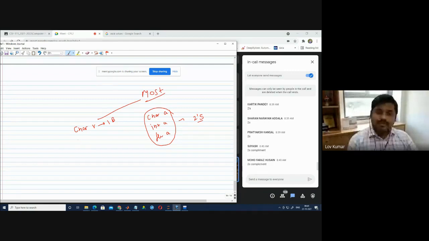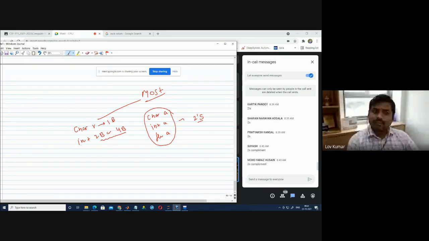If we are going for the integer, it will take 2 bytes of memory or 4 bytes of memory. It will totally depend upon your compiler. The size of integer is not fixed. It will vary from compiler to compiler. But the size of the character is fixed. It will take only 1 byte of memory.